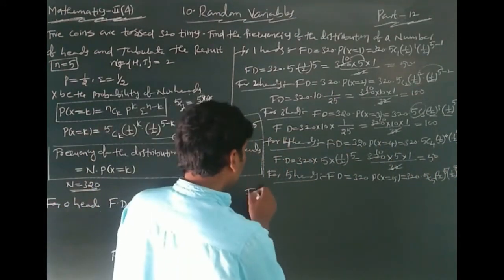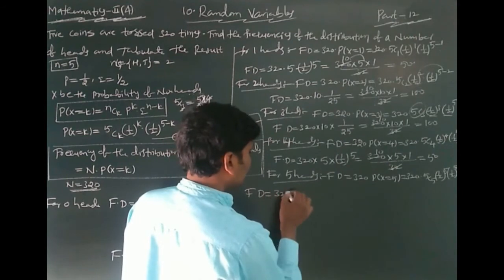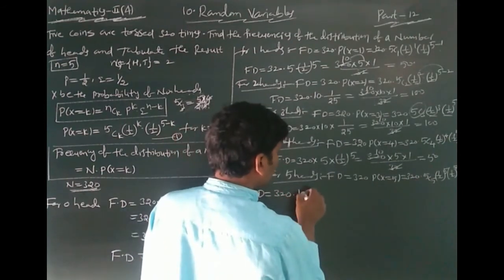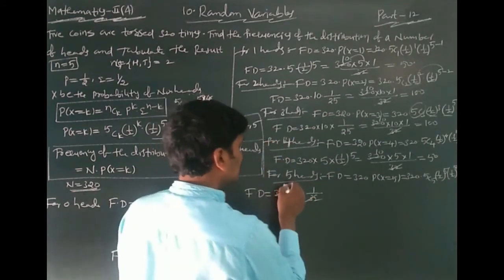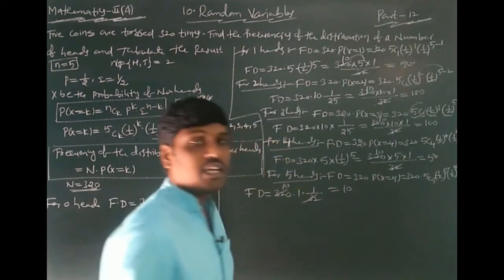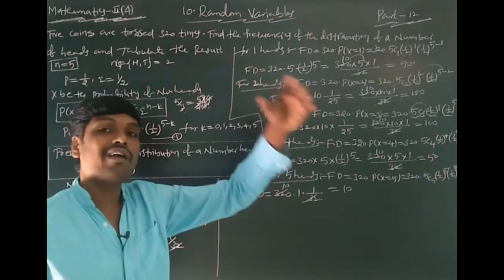That's why the frequency distribution equals 320 into 5C5, whose value is 1, into (1/2) power 5, which is nothing but 1/32. 32 ones are 32, 10 value is 10. This is the frequency distribution of 5 heads.